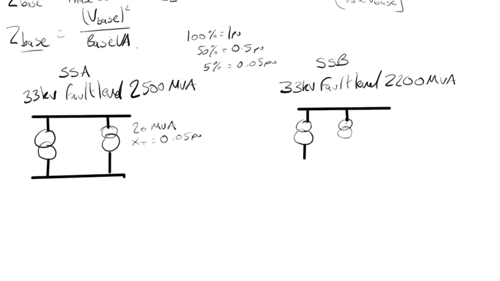Three transformers down here. It's quite rough, but all on here. So three transformers at 10 MVA, XT equals 0.06 pu.